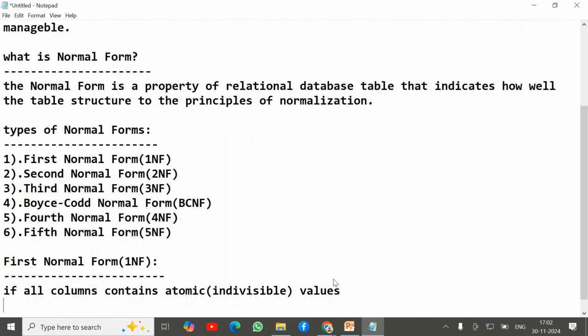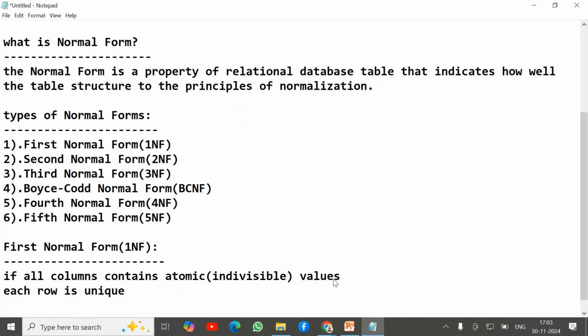There are no repeating groups or arrays within a column. Each row is unique. There are no repeating groups.